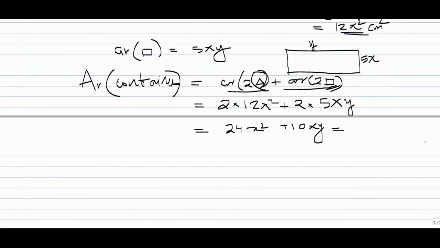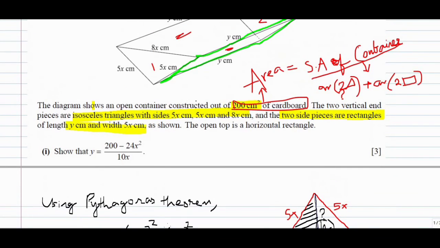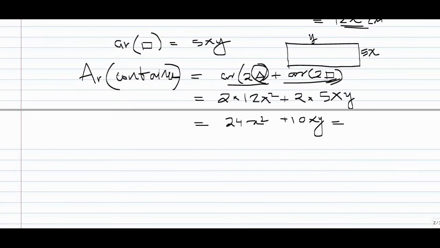But we know that area of container is 200 centimeter square. So which is equal to 200. That implies 10xy is equal to 200 minus 24x squared.